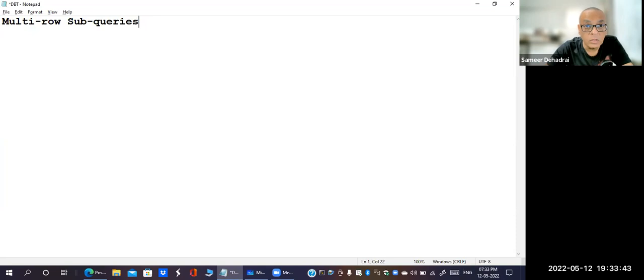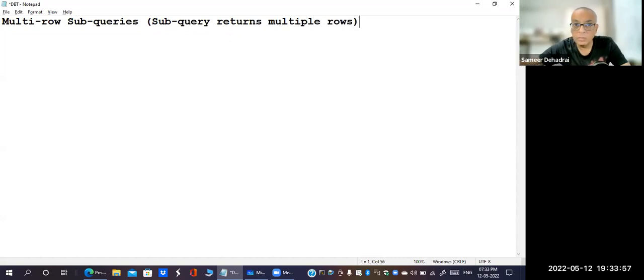A multi-row subquery returns multiple rows. Let's understand how to work with this.